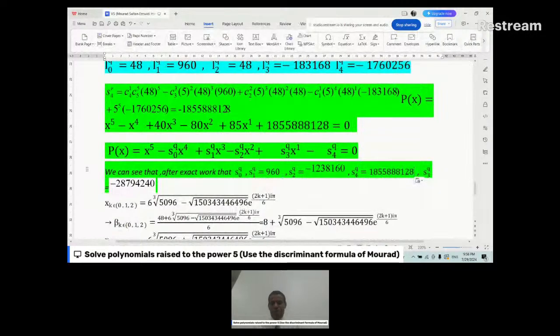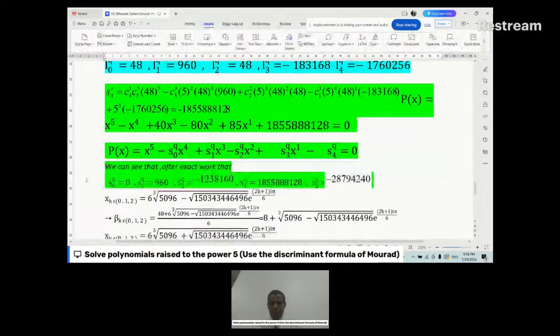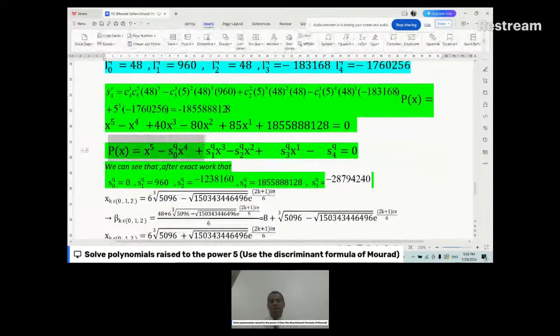Now I'm writing the new polynomial. S0 is 0, of course, and S minus 1 is 1. P of x equals x raised to the power 5 minus 0 times x to the power 4, plus S1 times x cubed, minus S2 times x squared, plus S3 times x, minus S4 equals 0.